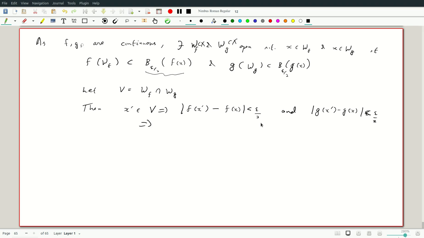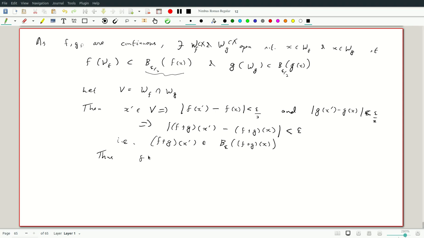Which implies, by the usual use of the triangle inequality, mod of (f plus g) of x prime minus (f plus g) of x is less than epsilon, by adding these two quantities together. That is, (f plus g) of x prime is contained in that ball of radius epsilon of (f plus g) of x. Now x prime was arbitrary, thus (f plus g) of V is contained in this ball.